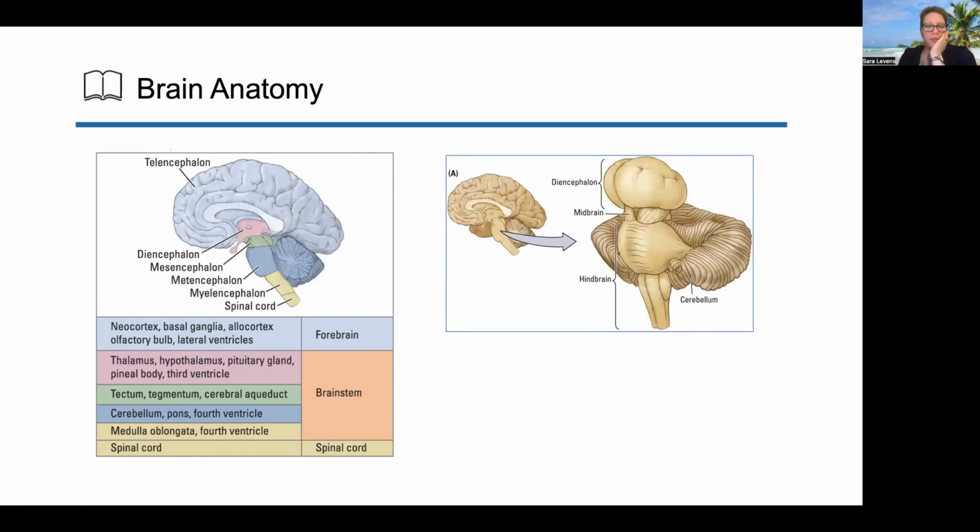And then we're shifting down to the brainstem, which is most of these places here. First we have the diencephalon, which is definitely next in emphasis, because you have the thalamus, the hypothalamus, pituitary gland, pineal body, and third ventricle.